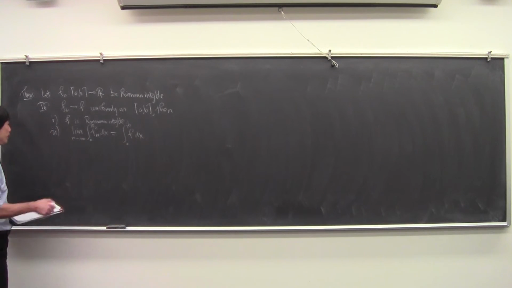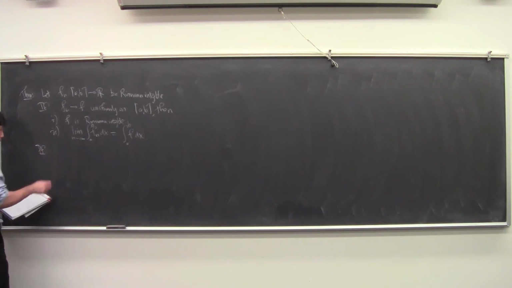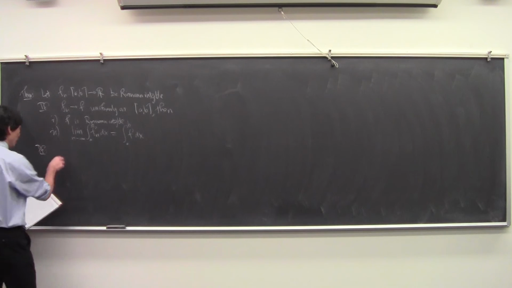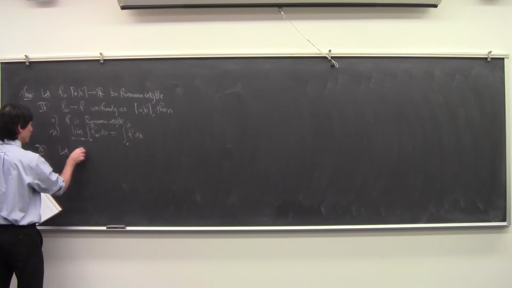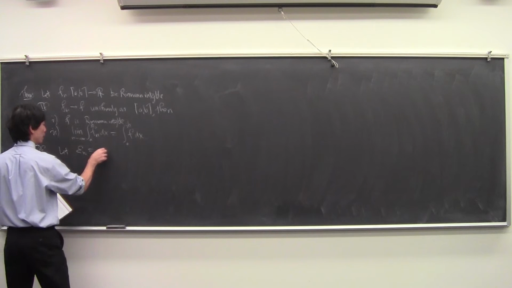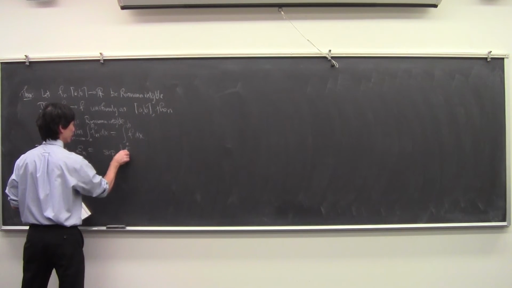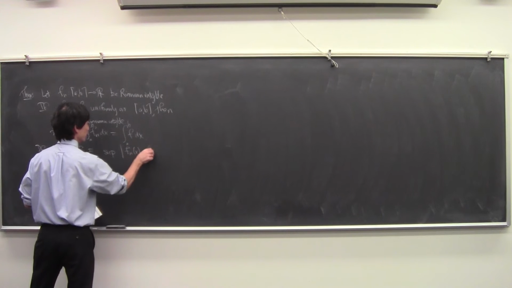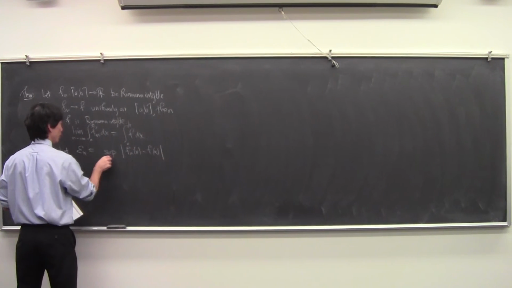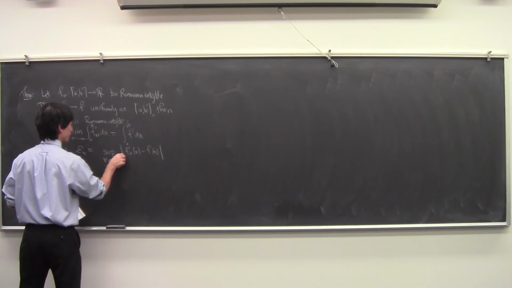Okay. So here's the proof. It's not that bad. We say, okay, let epsilon sub n be the supremum of the absolute value of f_n(x) minus f(x) over the entire interval.